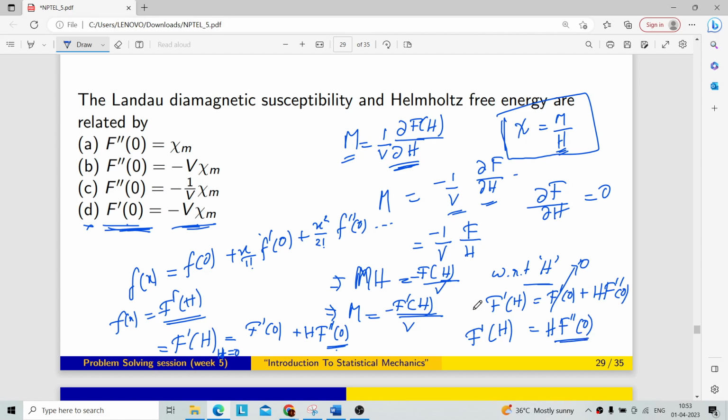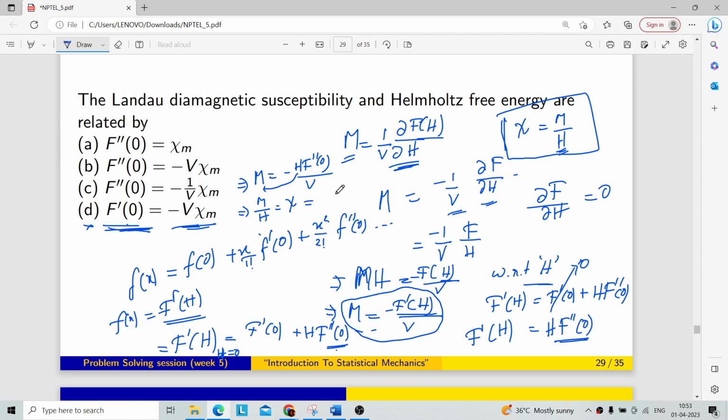So effectively I'll have F prime of H as H into F double prime 0. If I put this in this equation, I'll have M equal to minus H F double prime 0 divided by V. Then I can take H to the denominator, then M over H, what is this? This is susceptibility.